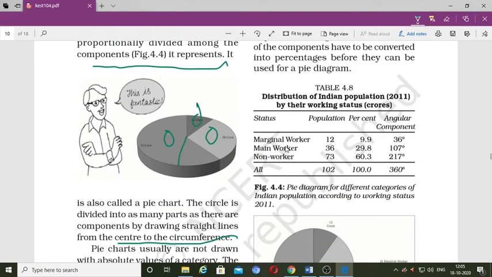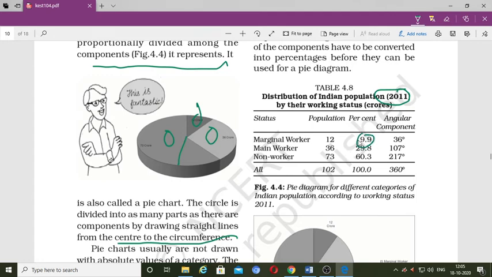Let us see how we do this. You can see in this table marginal worker, main worker and non-worker data is given for the year 2011. These are absolute numbers of the population, not percentages. We are calculating the percentage.